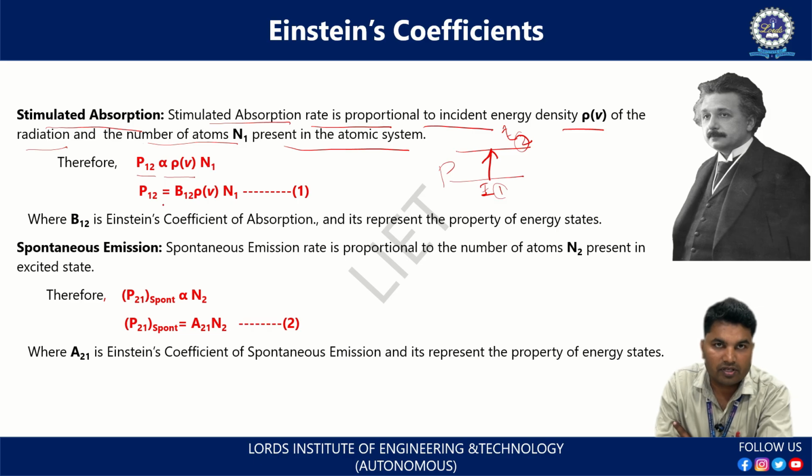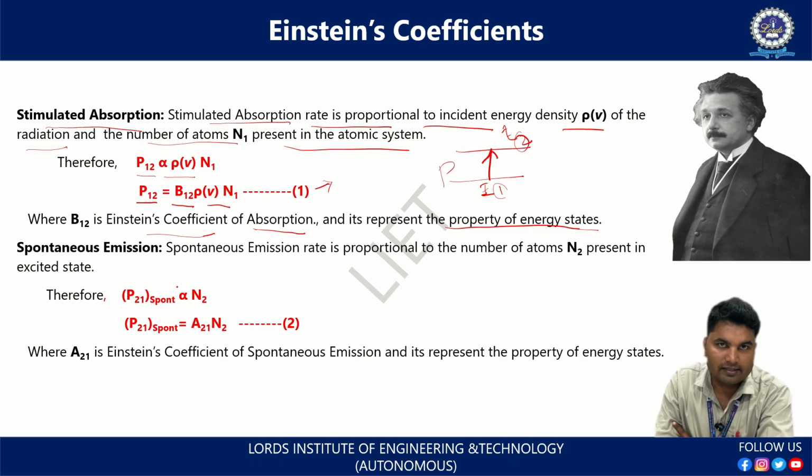Therefore the equation can be taken as P12 equals B12 rho of nu N1. Say this is equation 1, where B12 is the Einstein coefficient of absorption and it represents the property of energy states.